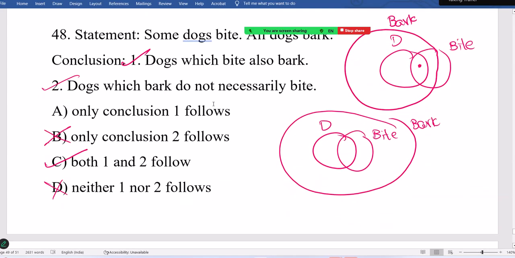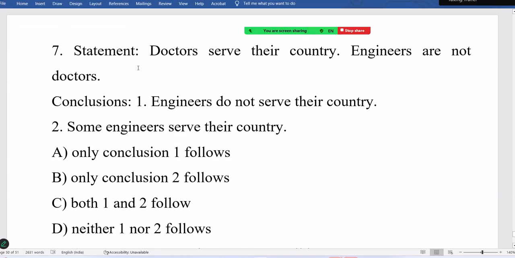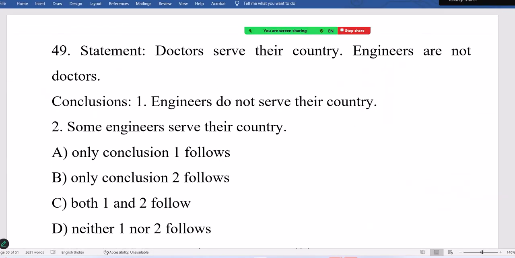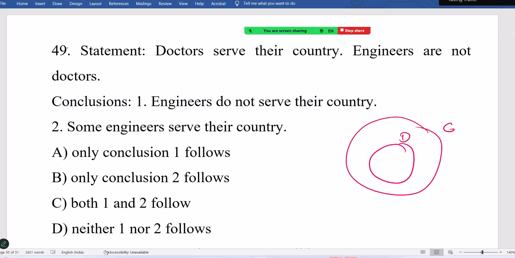Now let's see about this 49. Doctors serve their country. Engineers are not doctors. Doctors serve the country.